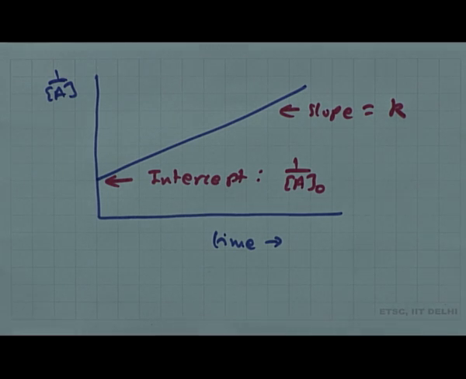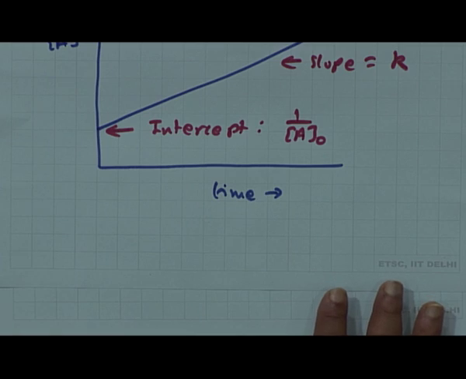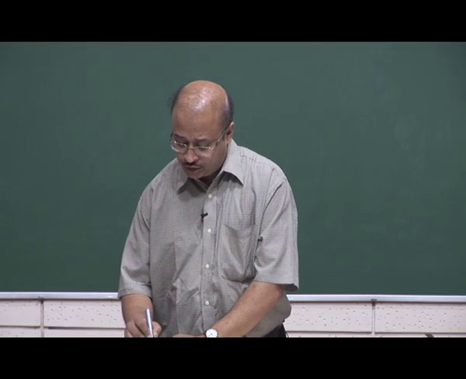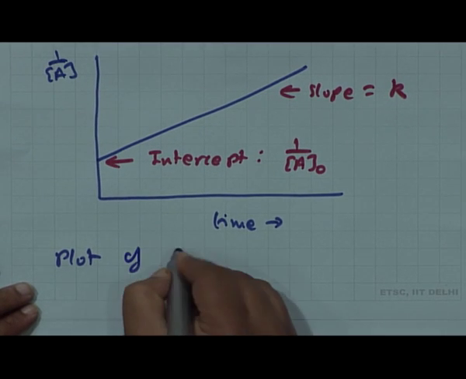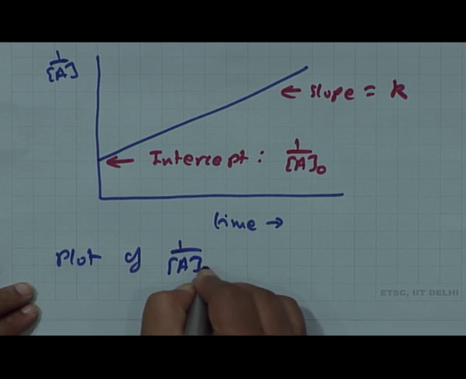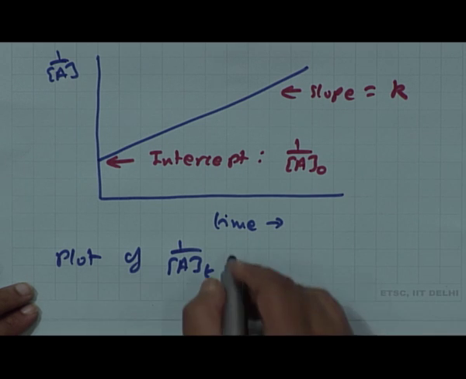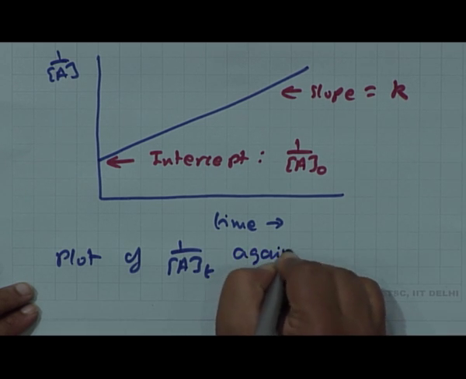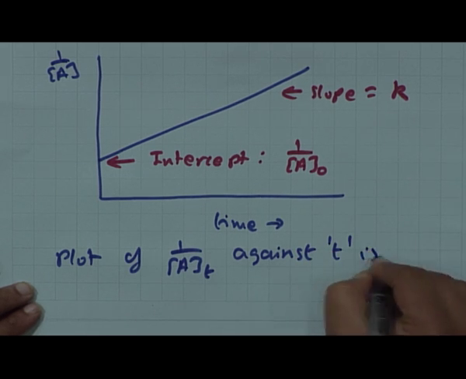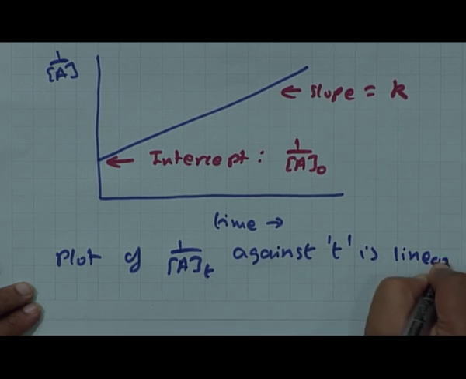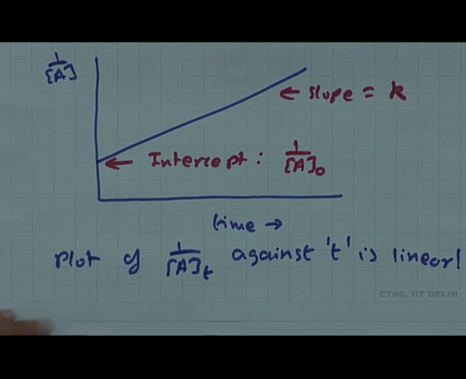So in other words, what we can say is that the signature of a second order reaction is like this, that the plot of 1 by A t, the subscript, that is concentration at different times, against time is linear, right.